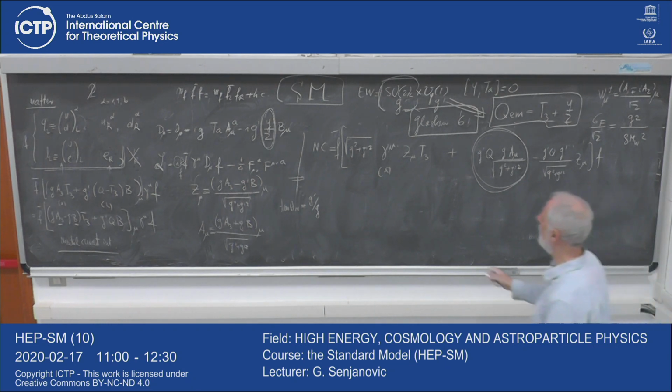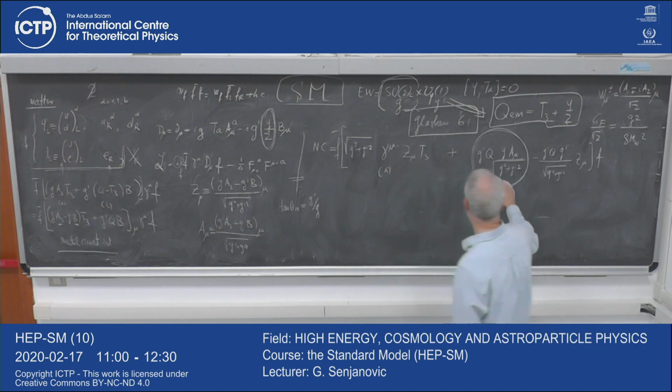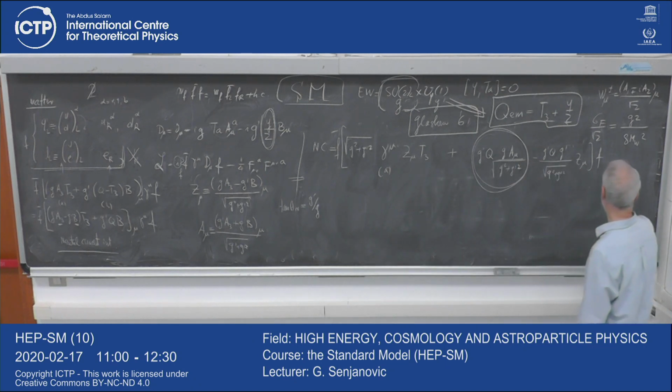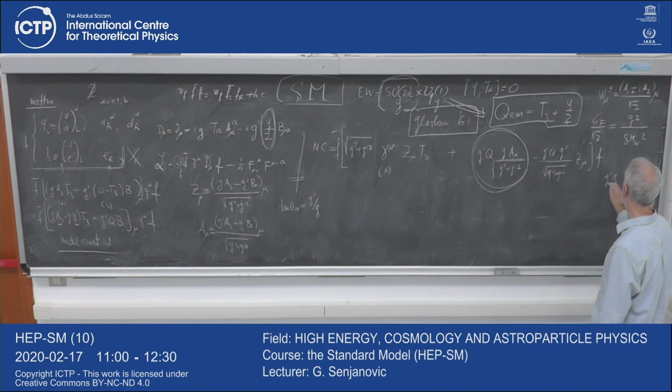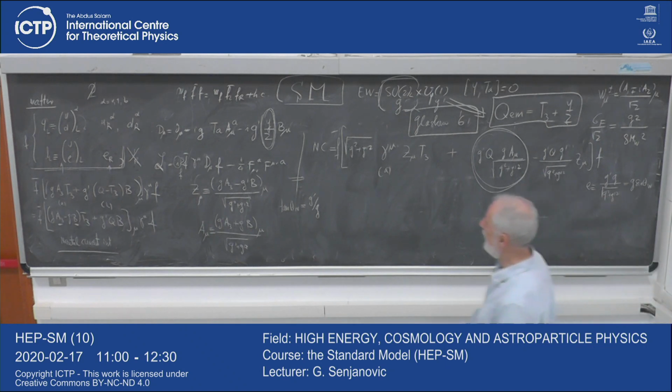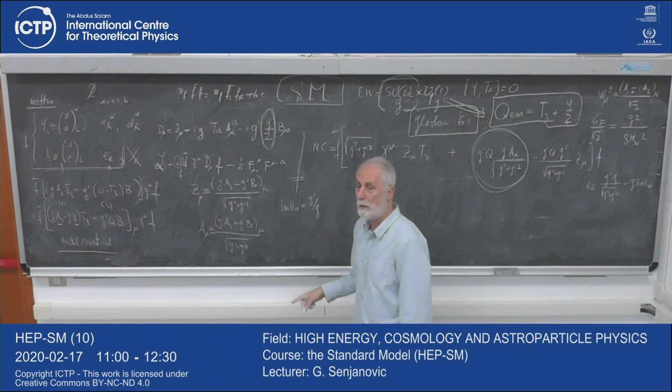So what I reproduced is the neutral current interaction. So this, by the way, G prime G over square root of G square plus G prime square. This is called electromagnetic charge. Which is, notice, this is G sine theta W. Sine theta W is G prime over the square root.